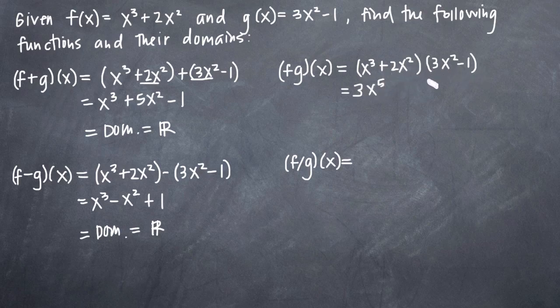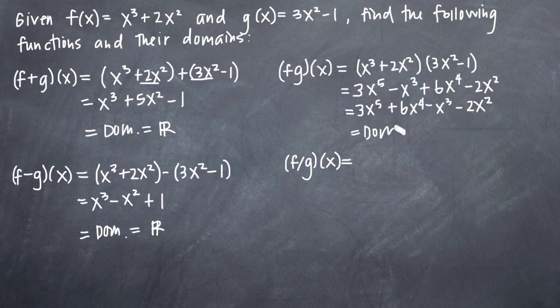X cubed times a negative 1 will give us negative x cubed. 2x squared times 3x squared will give us plus 6x to the fourth. And 2x squared times a negative 1 will give us a negative 2x squared. So now when we reorder our terms, we'll get 3x to the fifth plus 6x to the fourth minus x cubed minus 2x squared. And again, we have a polynomial, which means that our domain is all real numbers.